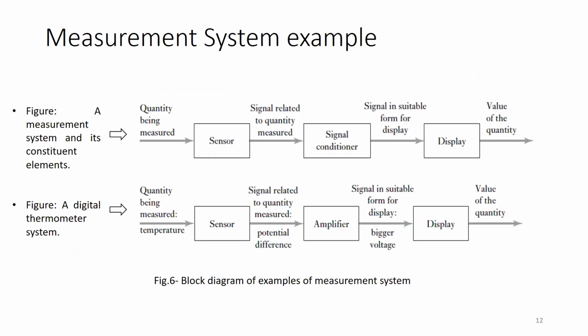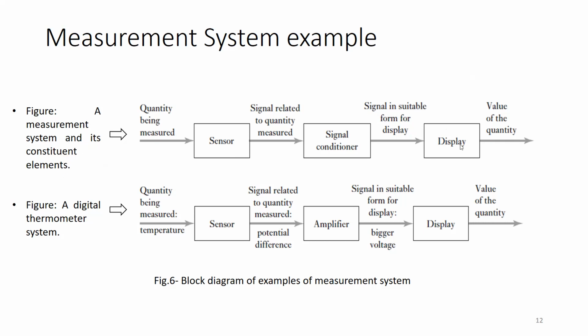So some example of the measurement system, this you can just see by yourself. So sensor to sense the value, the signal which you have got will be processed or conditioned, and then that signal will be made suitable for display and the value will be displayed through the display system. So this is a simple measurement system and its elements.